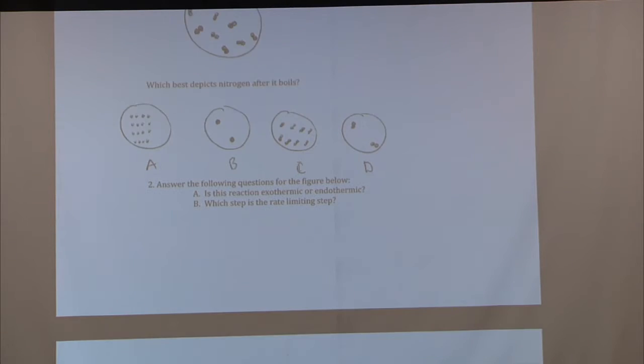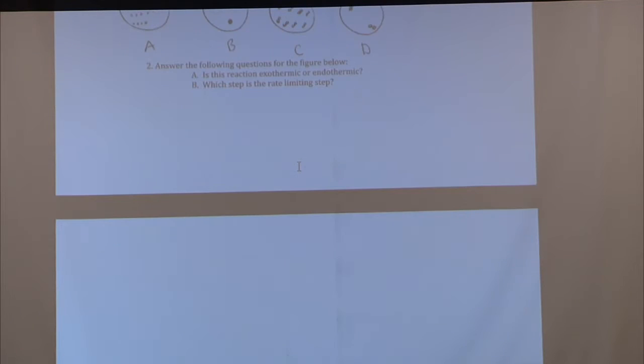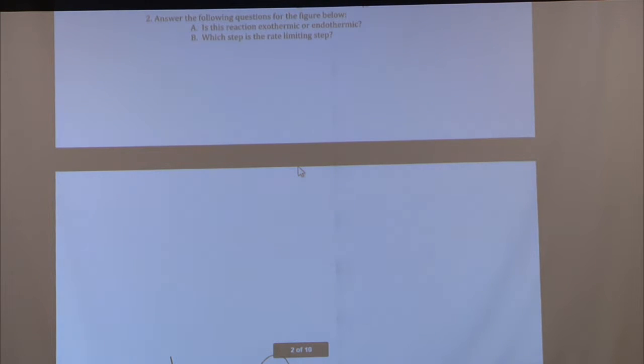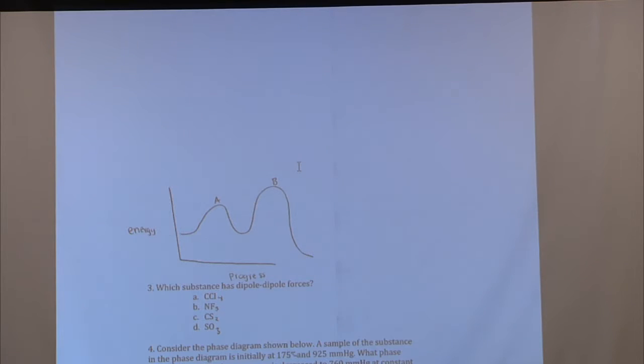And the second question wants you to answer the following questions for the figure below. So we want to know if this reaction is exothermic or endothermic, and which step is the rate limiting step. So I'm just going to draw it real quick on my paper.